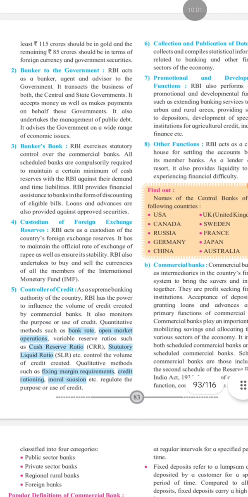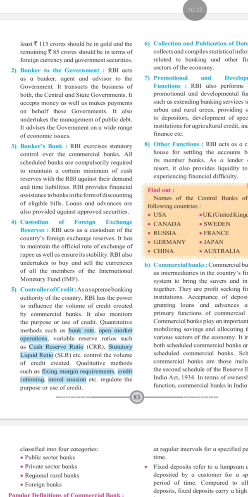Now, it is a banker to the government. RBI works as the banker, agent, and financial advisor to the central and state governments. It maintains government accounts, receives government income, makes payments on behalf of the government, and also helps in managing public debt.